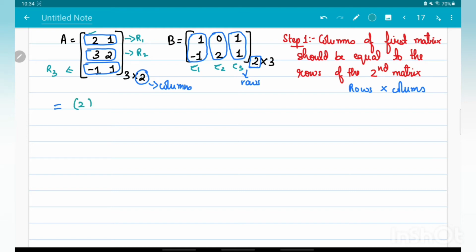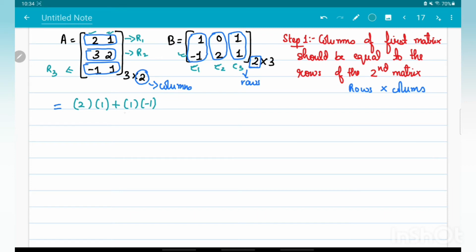Then I'm going to add this and then I multiply this 1 with this minus 1. So basically what I've done is that when I took the row and when I took the column, I have multiplied the first element of this row with the first element of this column, and then I have multiplied the second element of this row with the second element of this column.